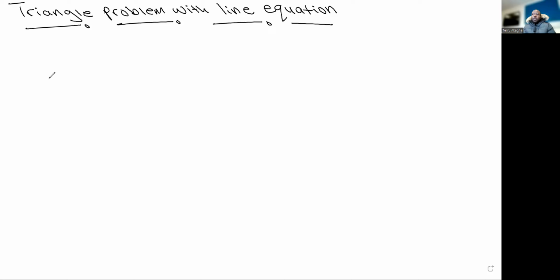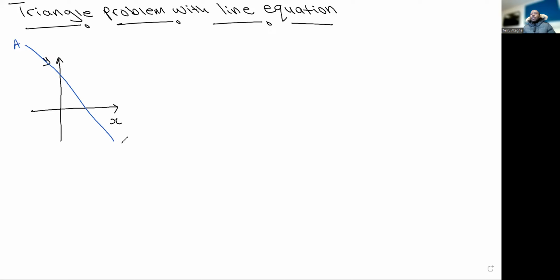So basically, what I'm saying is, for instance, if we have the x-axis and the y-axis, and we have a particular line, let's call this line AB, just coming all the way like this.